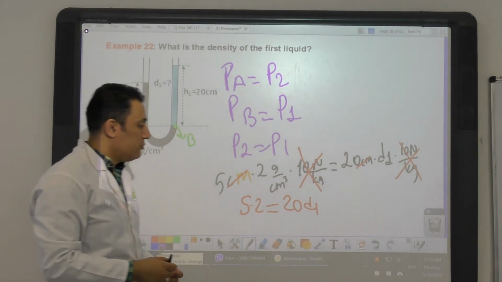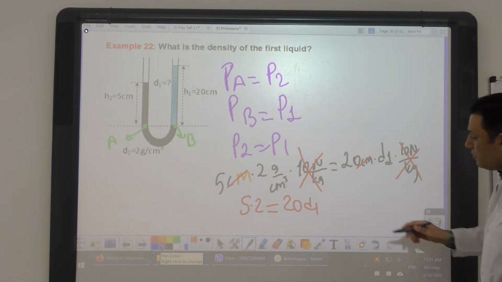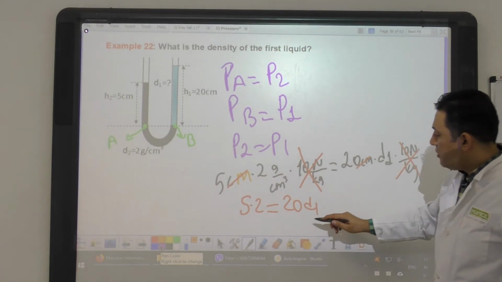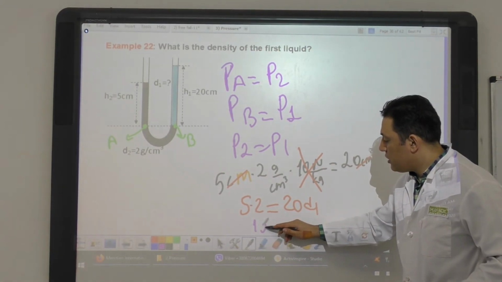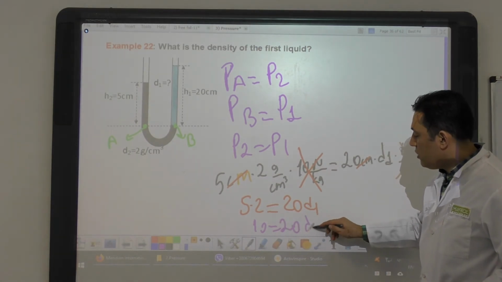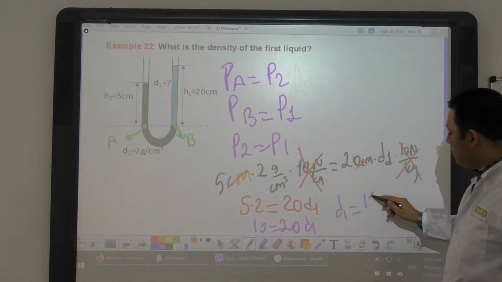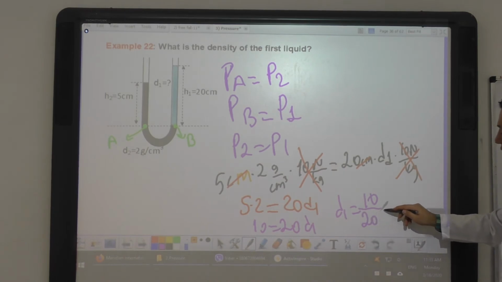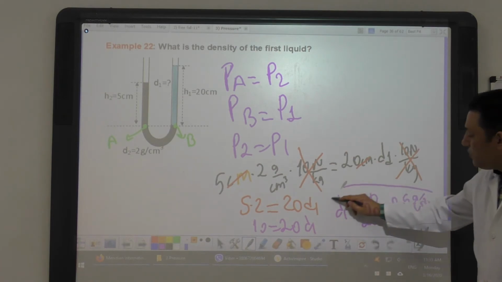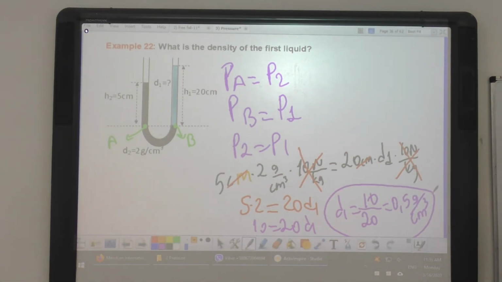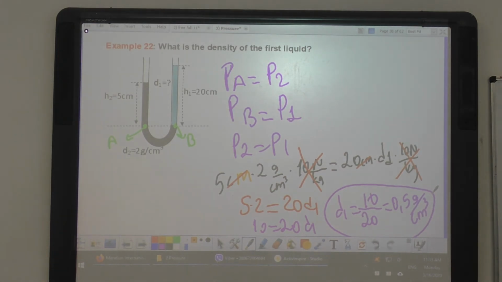So 5 multiplied by 2 is equal to 10, 10 is equal to 20 D1, so D1 would be equal to 10 divided by 20, which is equal to 0.5 gram per centimeter cube. So the density of the first liquid should be equal to 0.5 gram per centimeter cube.